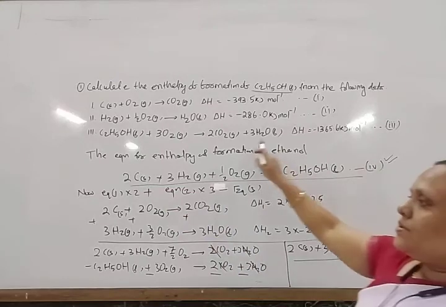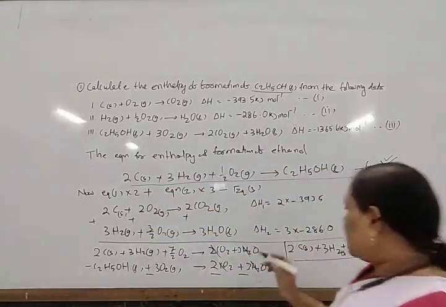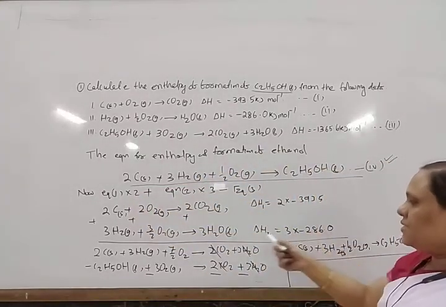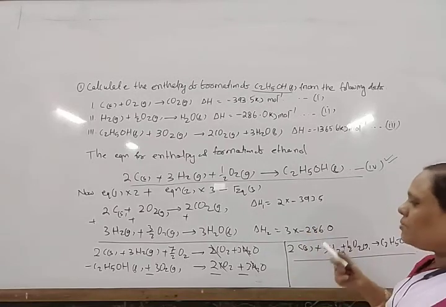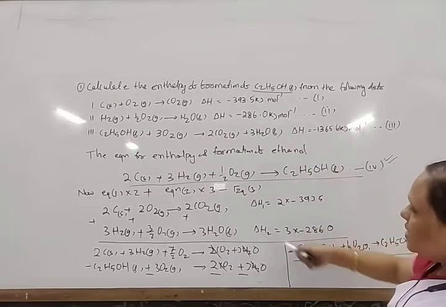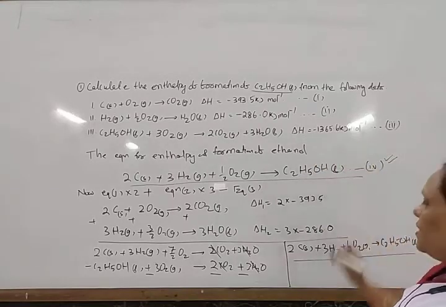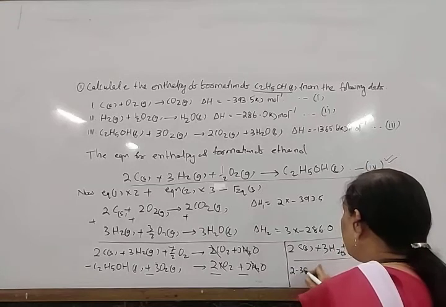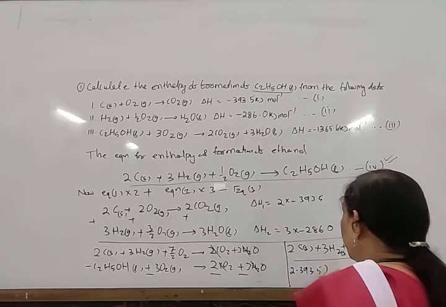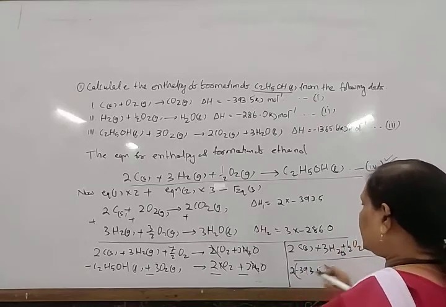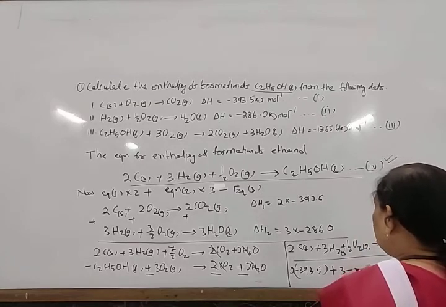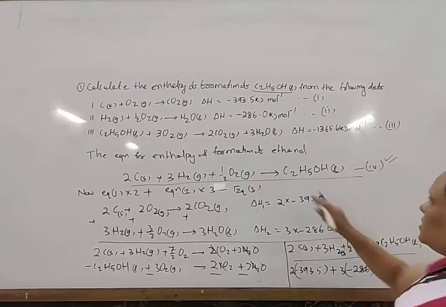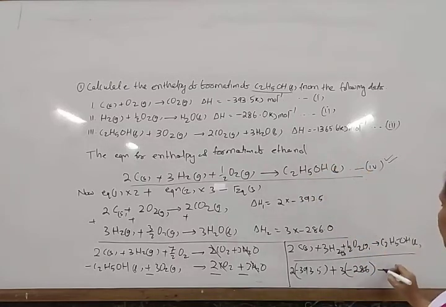In this way, the energy terms also, you add these two and subtract from this that much. So the energy term is 2 into minus 390.5 plus 3 into minus 286, minus, and minus minus becomes plus 1365.